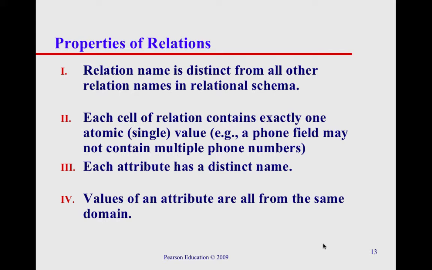Okay? So a relation name is distinct from all other relation names in the schema. So that means within a database, every relation name is distinct. An important restriction is that each cell in the relation contains exactly one value.